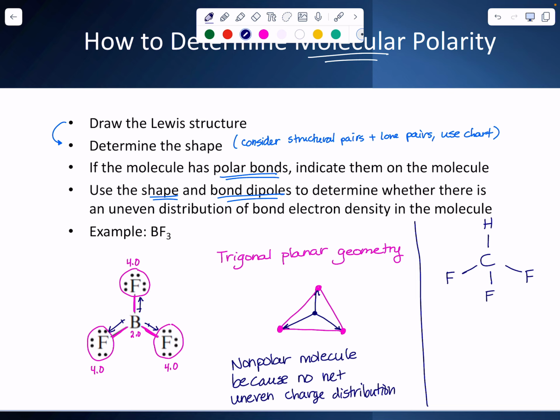What type of geometry is this one going to have? Carbon attached to 4 things. It's going to be tetrahedral, right? So we've got 3 things pointing down on sides of a triangle, and then 1 thing pointing up. So this is tetrahedral geometry.